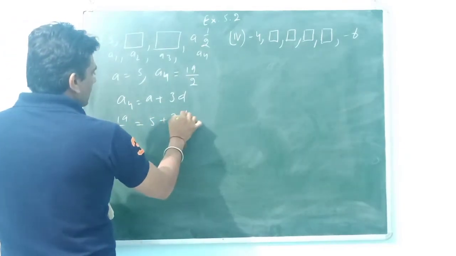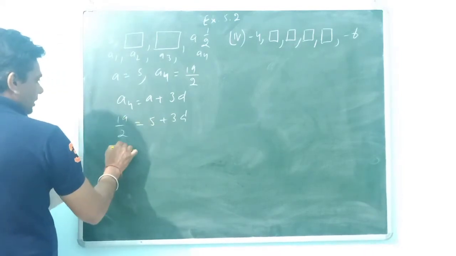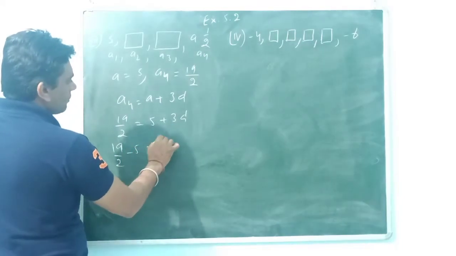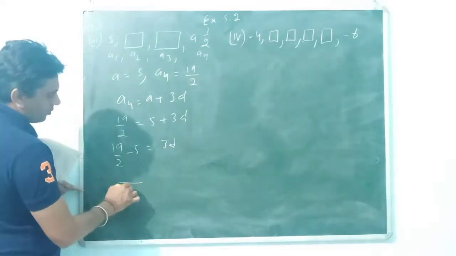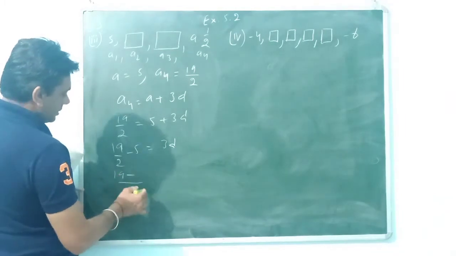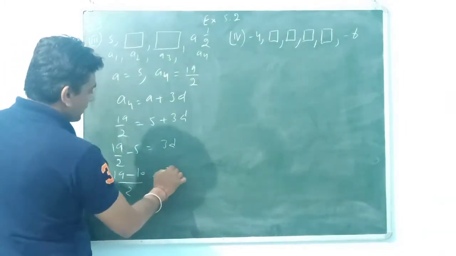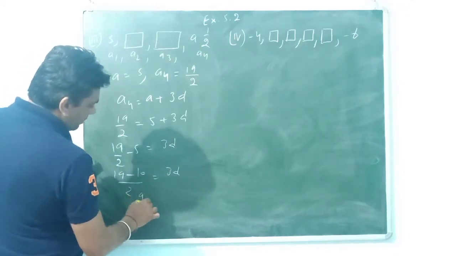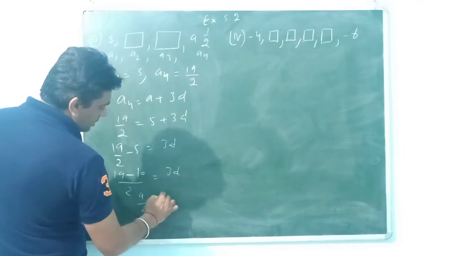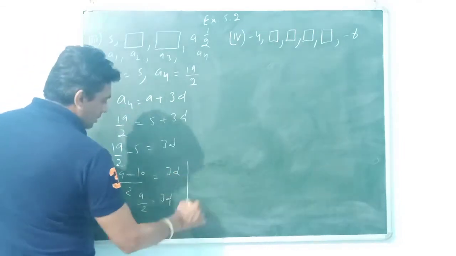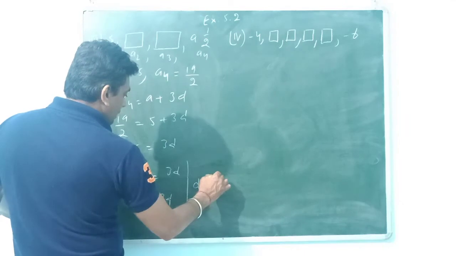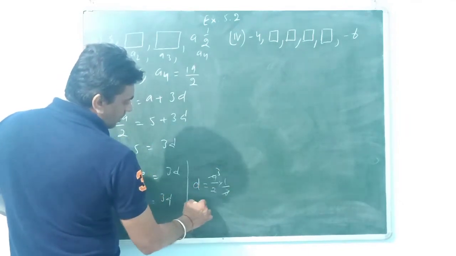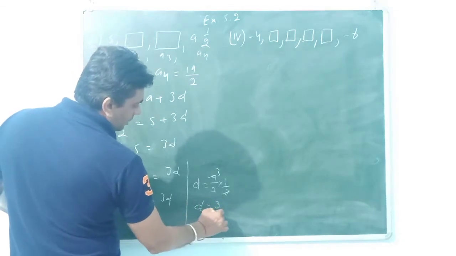Plus 3D. Taking this to this side, 19 by 2 minus 5 equal to 3D. Taking LCM 2, 19 minus 10, equal to 3D. Subtracting 10 from 19 is 9 by 2. This is 3D, or D is equal to 9 upon 2 into 1 by 3, or D equal to 3 by 2.